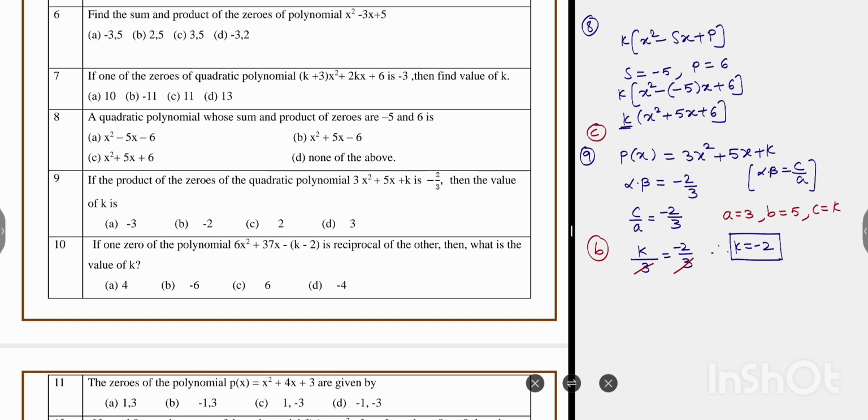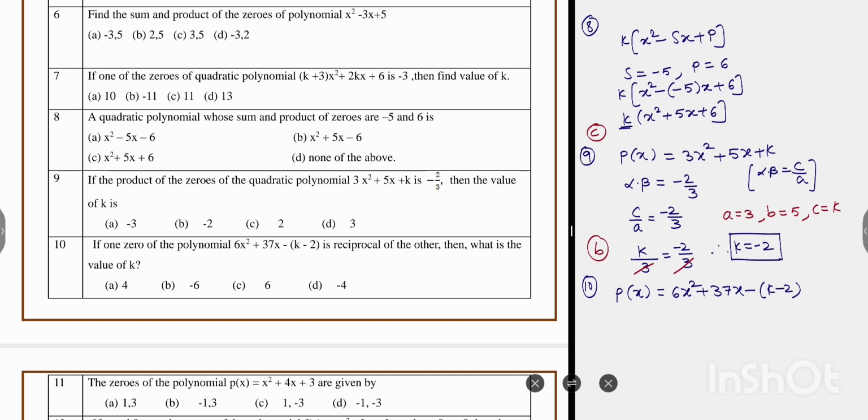Now question number 10. In question number 10, it is mentioned that if one zero of the polynomial 6x square plus 37x minus of k minus 2 is the polynomial, and your condition is what?